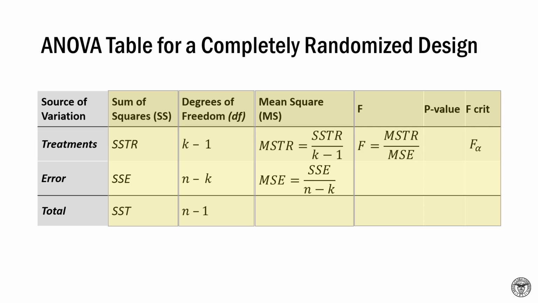If the F value is larger than the F critical value, or if the p-value is less than the significance level, usually 0.05, the null hypothesis is rejected, and it is concluded that there's a significant difference between at least two of the treatment groups.